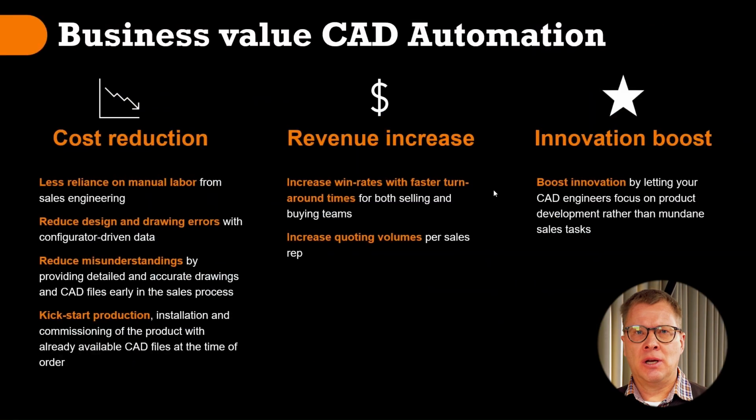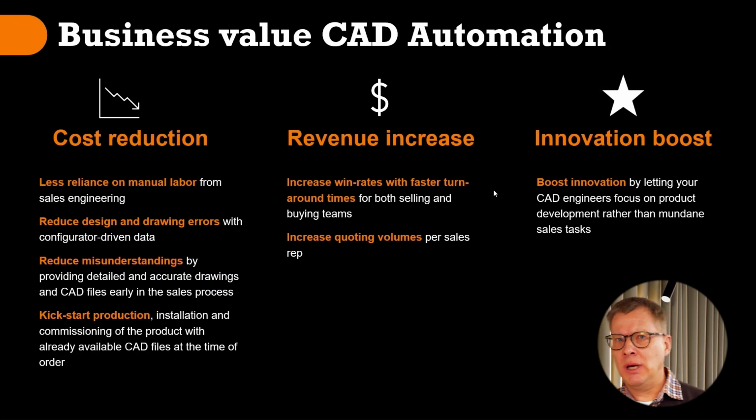So just before we finish off here, let me make explicit the business value that we're creating here. We have a major cost reduction, of course, because we have less reliance on the manual labor of specialized CAD engineers and sales engineers in producing these CAD files. The sales rep can do this themselves without CAD skills and without CAD software installed.